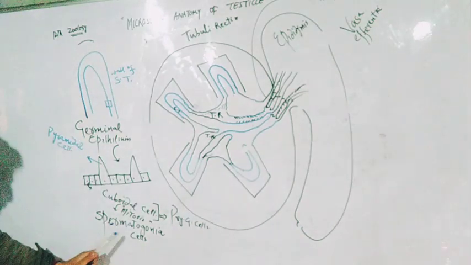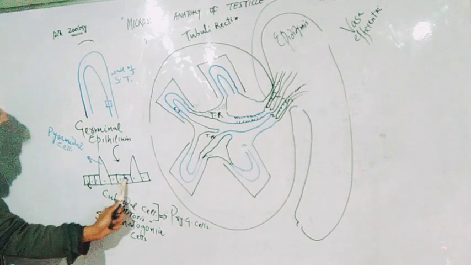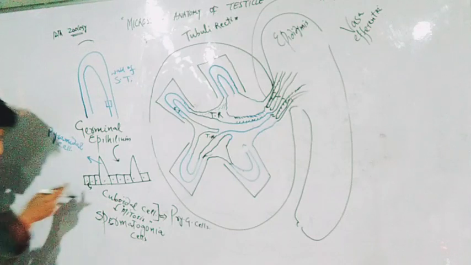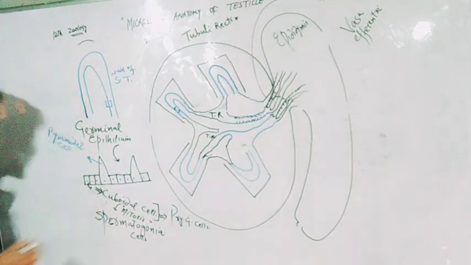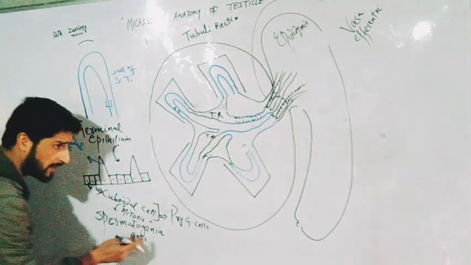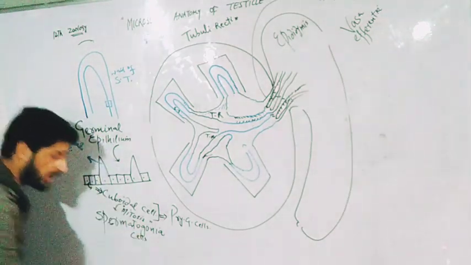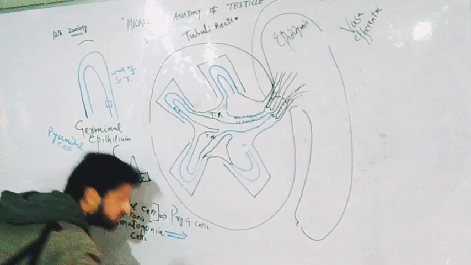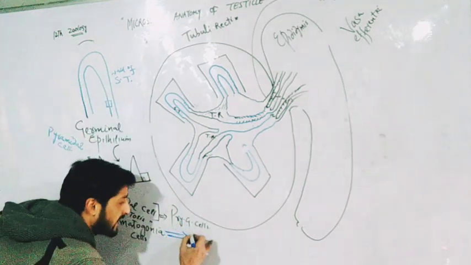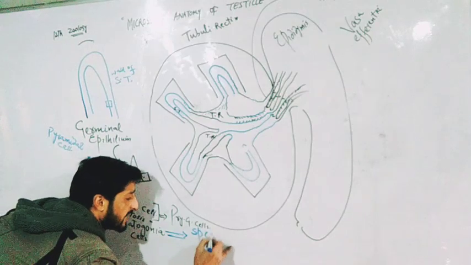Germinal epithelium मतलब wall of seminiferous tubules. This germinal epithelium contains cuboidal cells. These cuboidal cells undergo mitosis, resulting in the formation of spermatogonia cells. These spermatogonia cells then undergo several divisions and are finally converted into sperm cells.